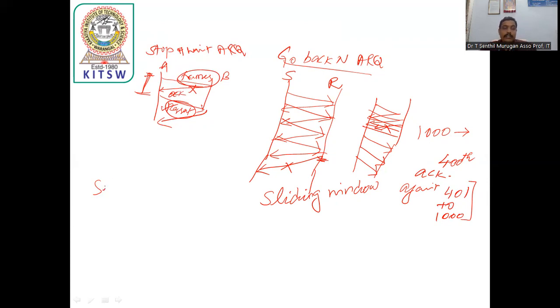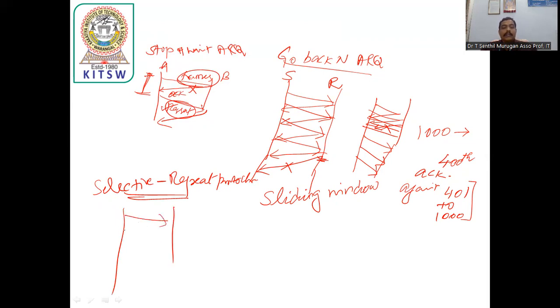So now we are going to discuss the selective repeat protocol. What is the meaning of that? The name itself shows it: selective repeat. In go back N, if a failure occurs, it will resend all the data. But in selective repeat, what happens?